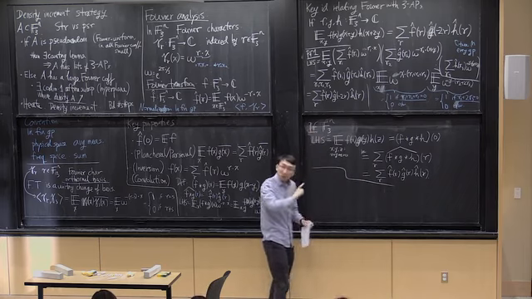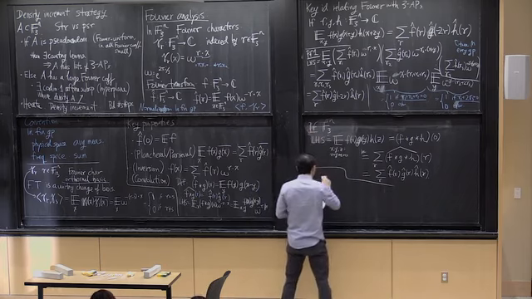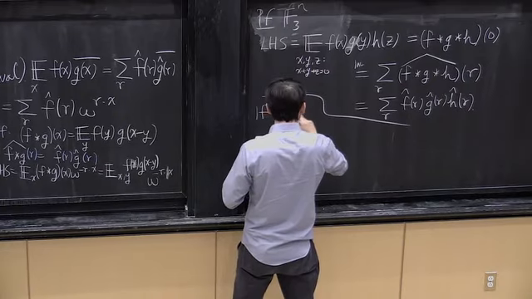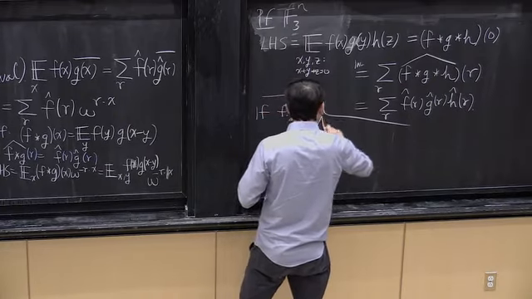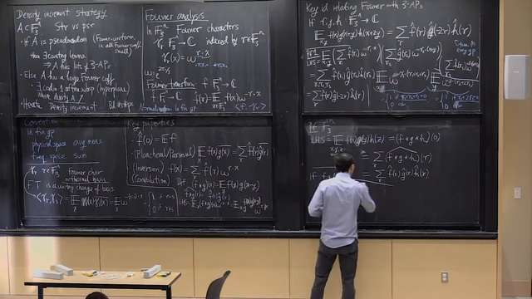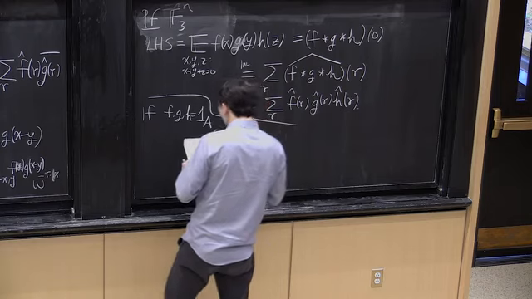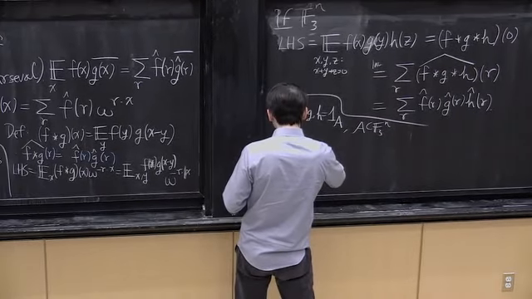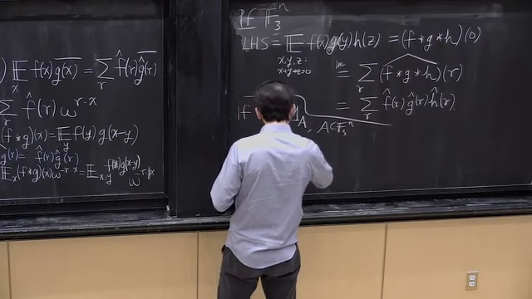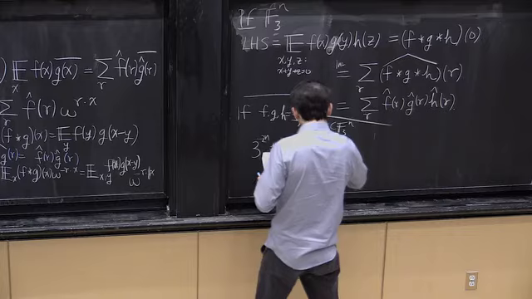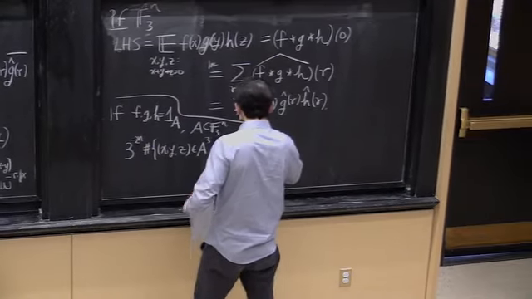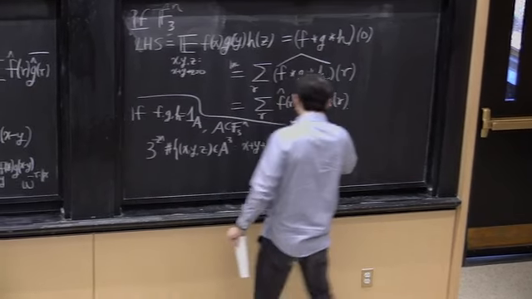That formula up there is of course related to counting 3APs, because if f, g, and h are all indicators of some set A, then the left-hand side is basically the number of triples of elements in A whose sum is equal to 0.